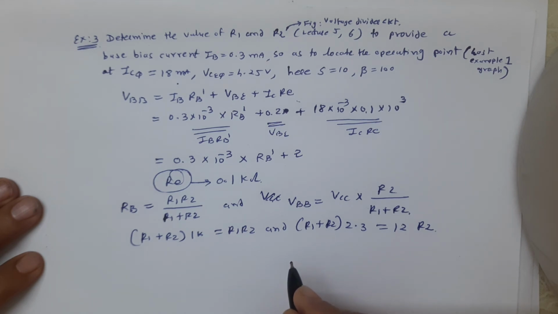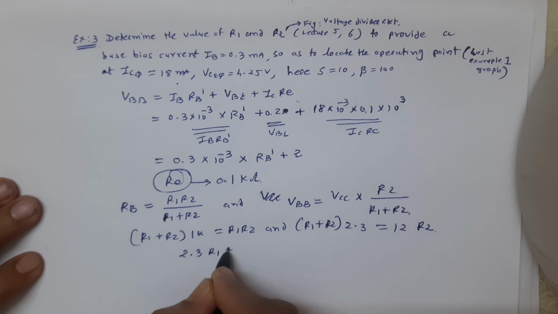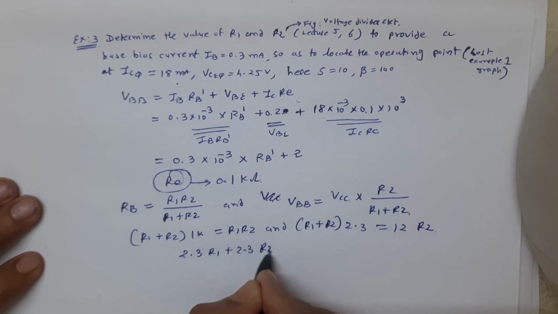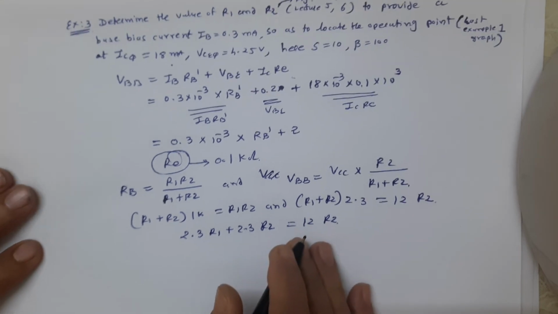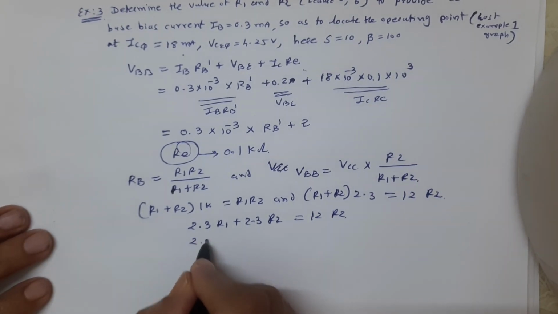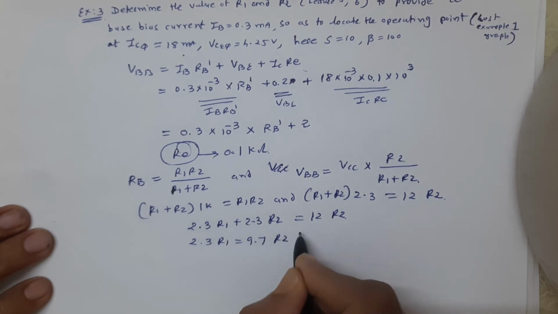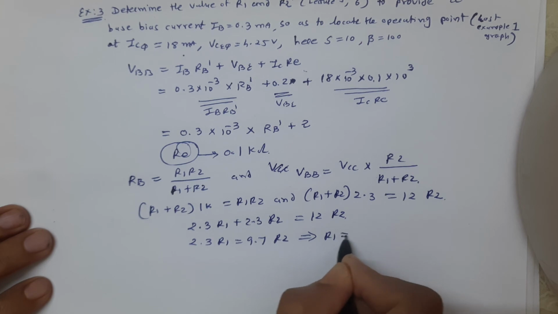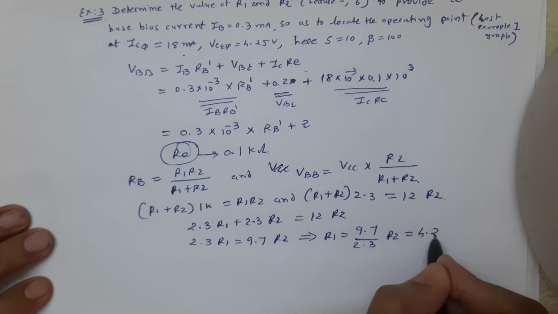So from the second equation, 2.3 R1 plus 2.3 R2 is equal to 12 R2. So 2.3 R1 is equal to 9.7 R2. Therefore, R1 is equal to 9.7 upon 2.3 R2, which is equal to 4.2 R2.